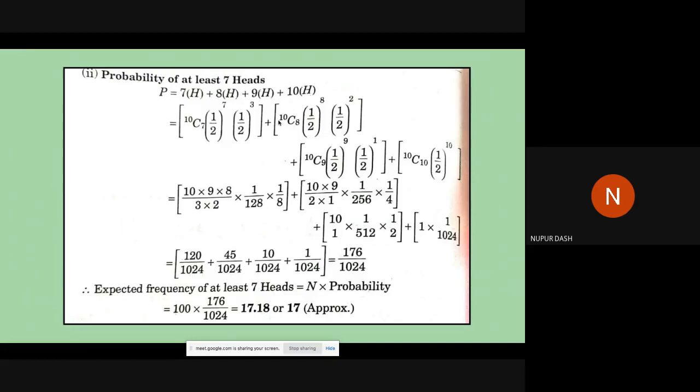Here you will write 8, then half raised to the power 8, and here n minus r, so 10 minus 8 is 2. Again in the ninth, when you are getting 9 heads, you will write 10C9, half raised to the power 9, and here n minus r means 10 minus 9, so you will get 1. In this way, you will ultimately get the answer 17.